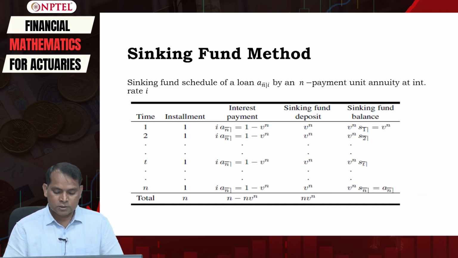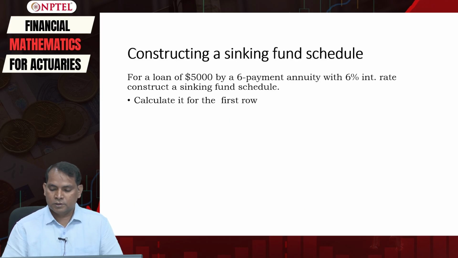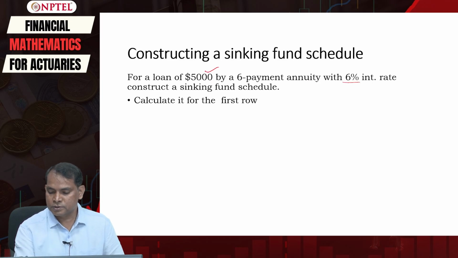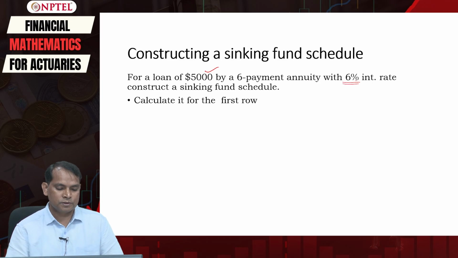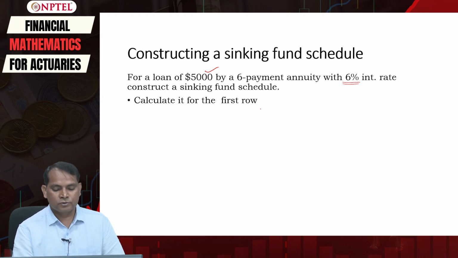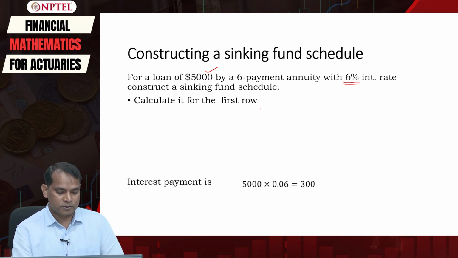Let us understand this clearly by putting some numbers in this, and therefore we construct a sinking fund schedule for this problem. For a loan of $5,000 by a 6 payment annuity with 6% interest rate, now construct a sinking fund schedule. For this purpose, we need to calculate the first row. So, let us now calculate the first row.